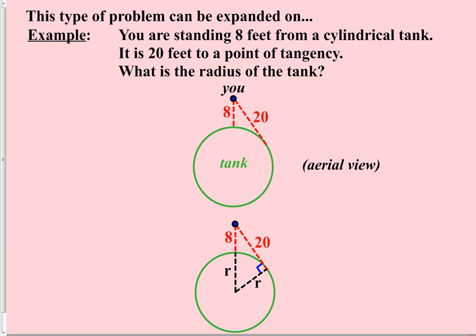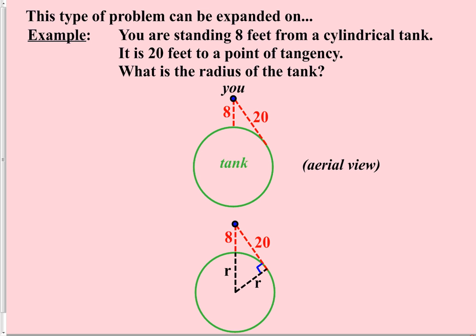And of course, we know it's a right angle at the point of tangency because of this property, where the radius and the tangent are going to form a right angle. The radius reaching out to that 8 feet, where it's measuring from us to the tank, actually helps us finish off the hypotenuse of that triangle. So you can see the triangle in there.